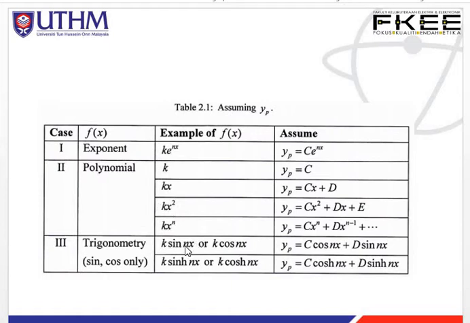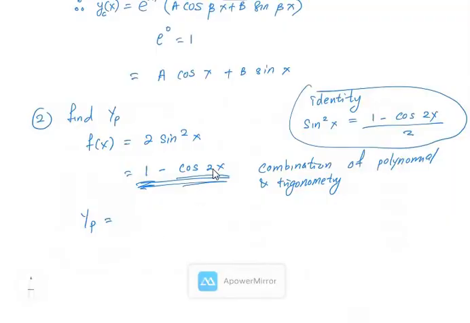So cos 2x is a trigonometry, case 3. So your assumed yp is c cos nx plus d sin nx. Therefore, your yp is equal to c plus d cos 2x.